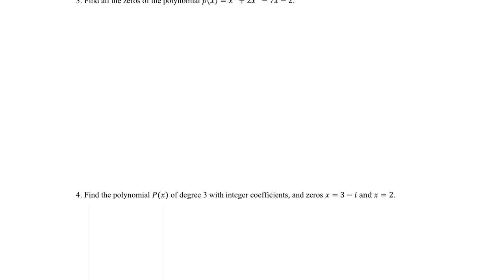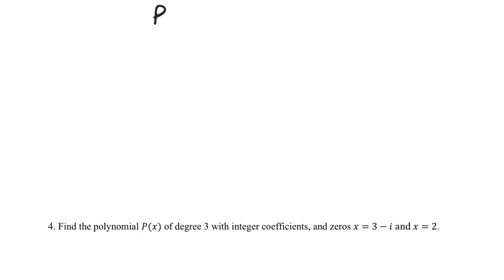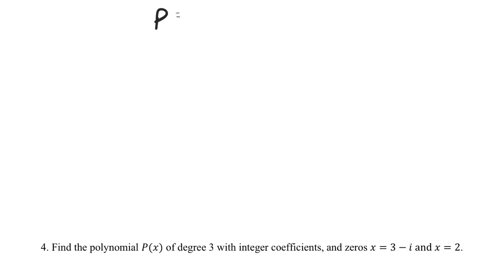So that list is going to come from factors of -2, that's p. So p equals ±1 and ±2. Now q comes from the leading coefficient there, which is 1.